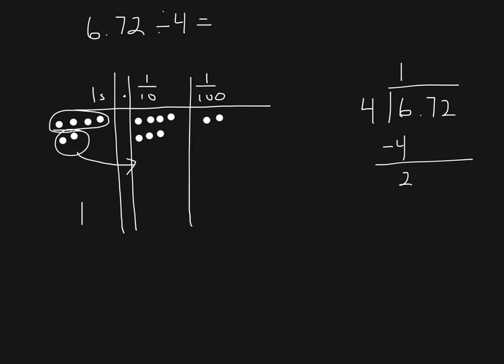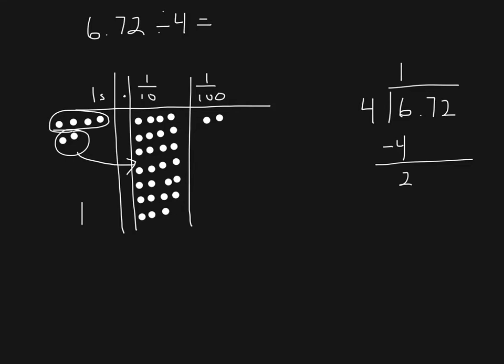And I'm going to turn those 2 ones into 20 tenths. 1, 2, 3, 4, 5, 6, 7, 8, 9, 10, 11, 12, 13, 14, 15, 16, 17, 18, 19, 20.